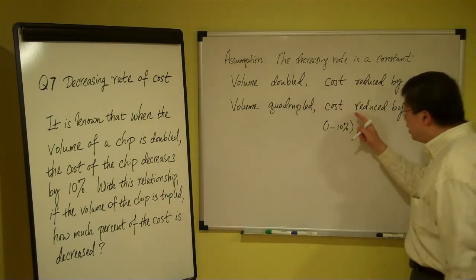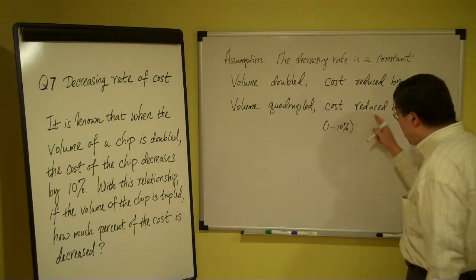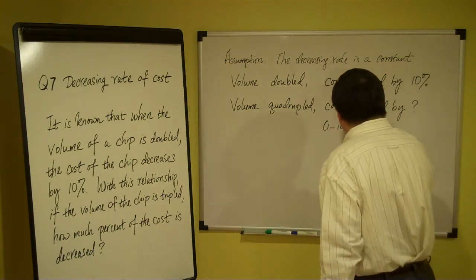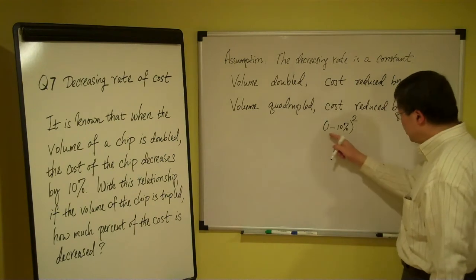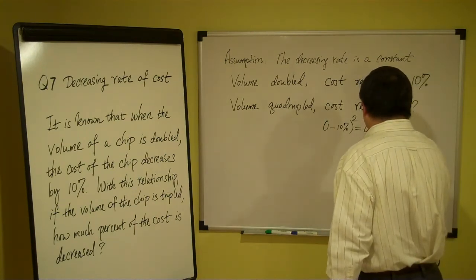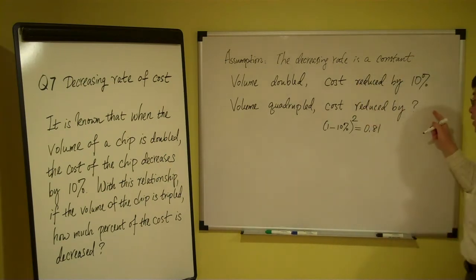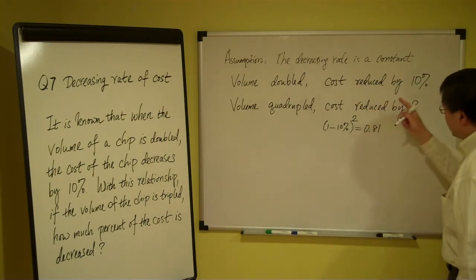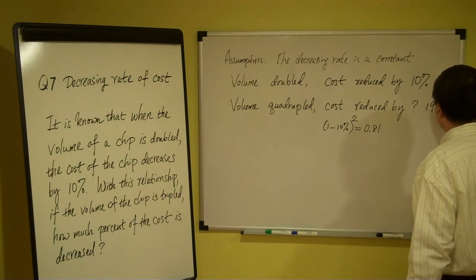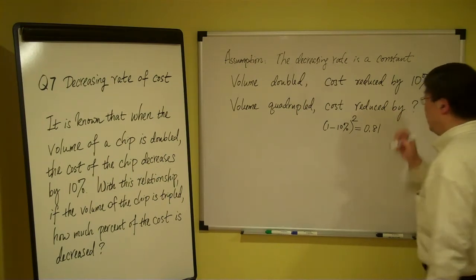Then you double again, so you need to multiply this number another time. So that is a square: 0.9 squared is 0.81. So the answer is the cost is reduced by 19%.